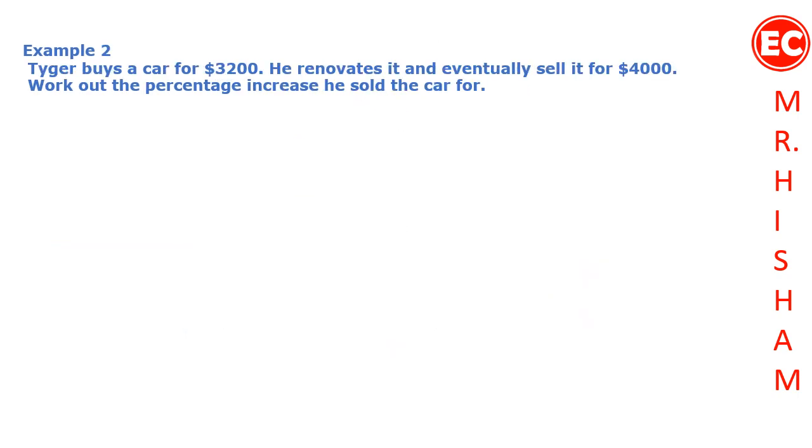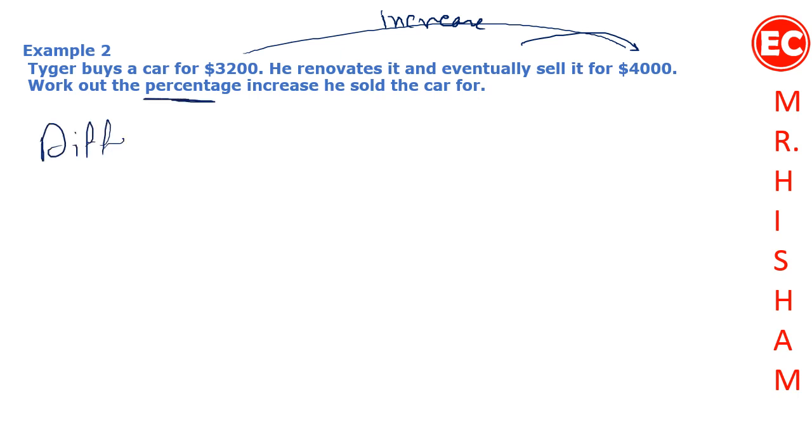Example 2. Tiger buys a car for $3,200 and he then sells it for $4,000. So we can notice that from $3,200 to $4,000 it's an increasing value. So I want to find the percentage of the increase. First I should find the difference, and the difference will be 4,000 minus 3,200. Notice that we subtract the bigger value minus the smaller value.